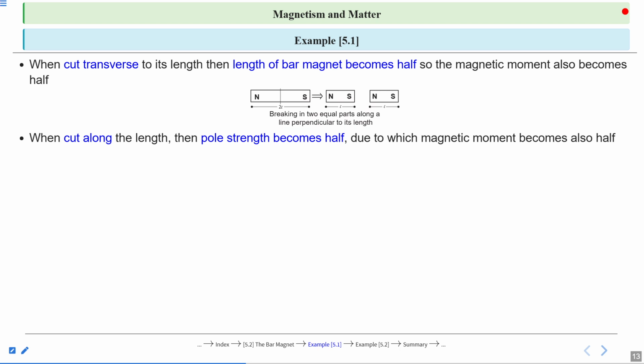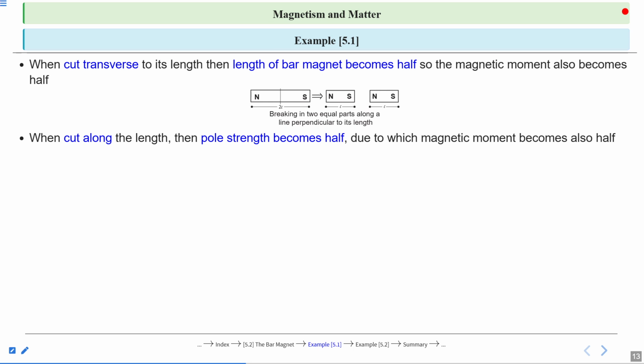When cut along the length, the pole strength becomes half. If we cut the magnet along the length, the length will remain the same for both magnets. The resulting magnets' length will be 2L, but pole strength will be Qm by 2. In both cases, the magnetic moment will become half.